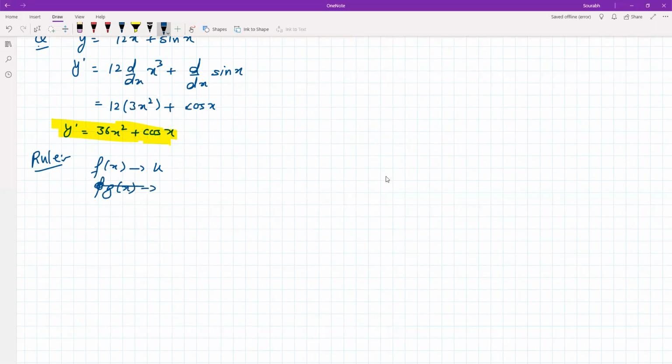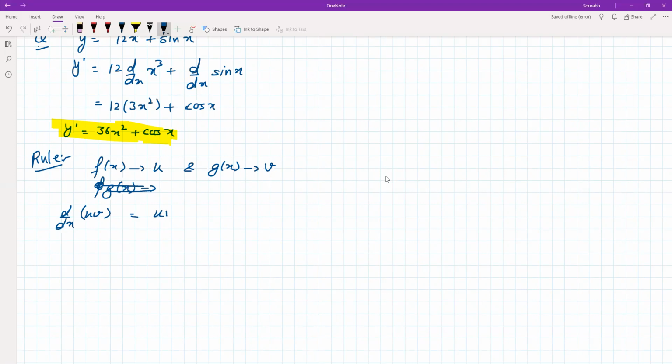So there is one function f(x) represented as u, and there is another function g(x) that is represented as v. So u and v are two different functions. And if you have to find d by dx of uv, basically multiplication of two functions, then in that case, what do we do?